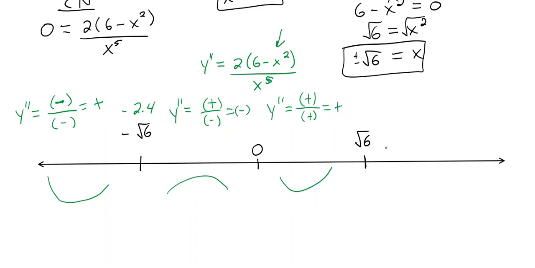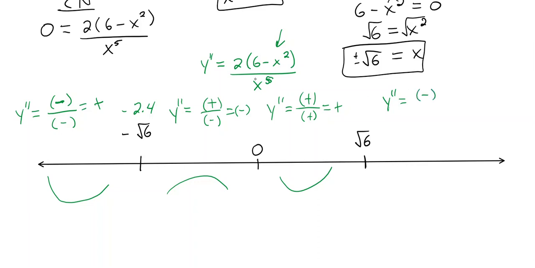And then if I go past square root of 6, y double prime over here is going to come out, so this would be a number maybe like 3, right? So if we had 6 minus 3 squared, that'd be 6 minus 9. In this case, that's going to be negative, so we're negative up top.